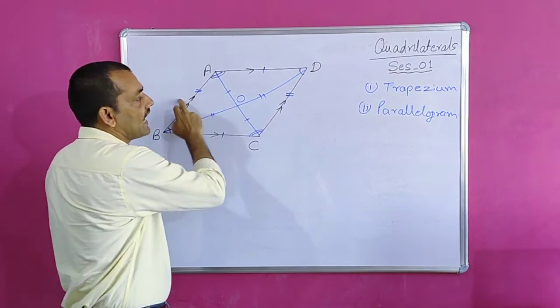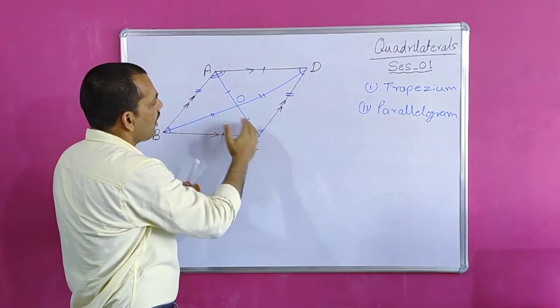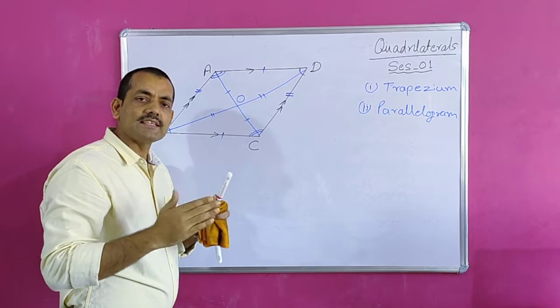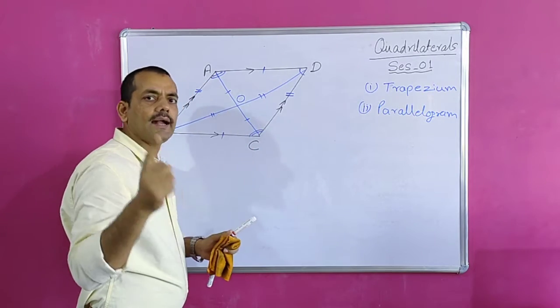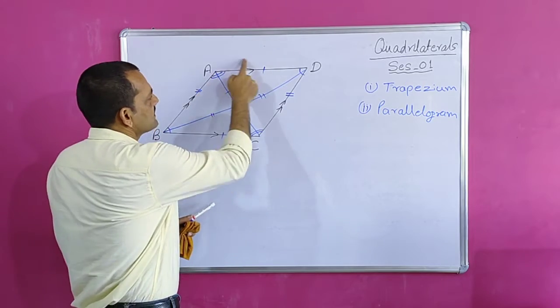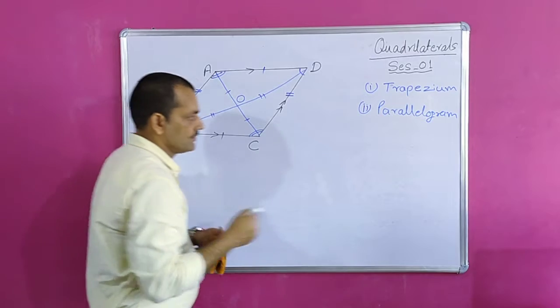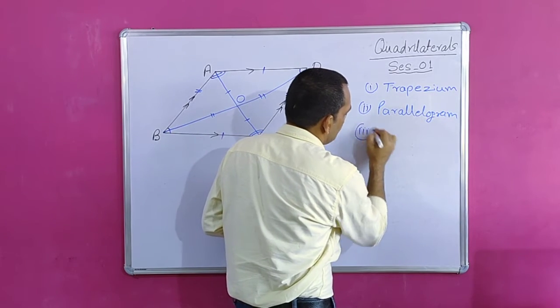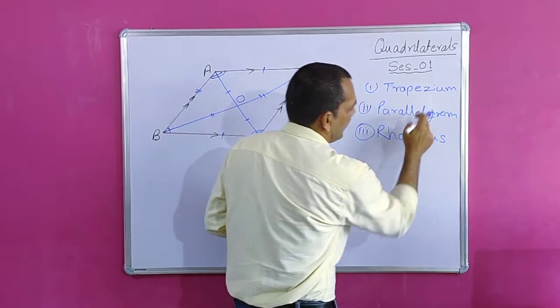If adjacent sides are equal, or the two diagonals bisect at 90 degree, two possibilities. Diagonals bisecting at 90 degree or adjacent sides equal. This parallelogram will become a rhombus. So that is our third type of quadrilateral, which is nothing but a special case of a parallelogram.